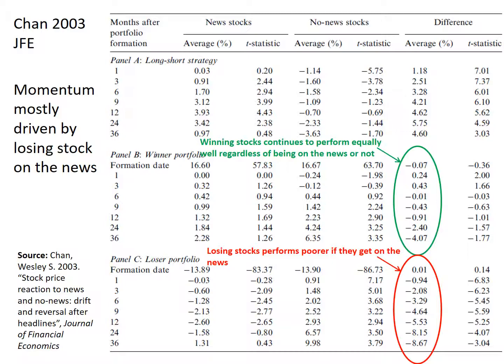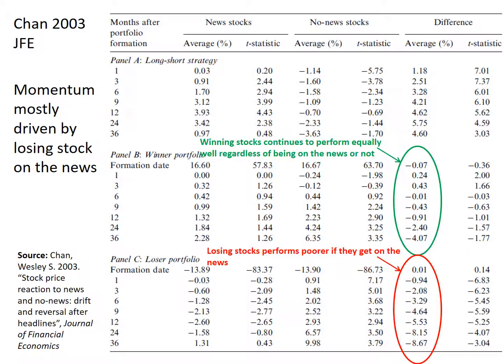So there are different possible interpretations. One thing is, if the losing stocks are not getting on the news, chances are nothing really bad is continuing to happen to them, right?